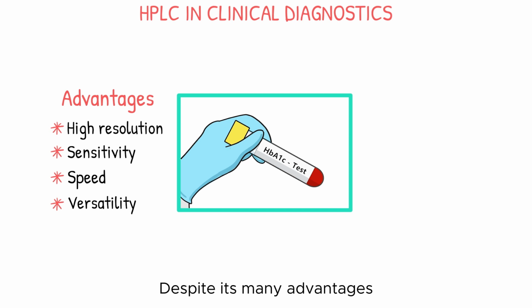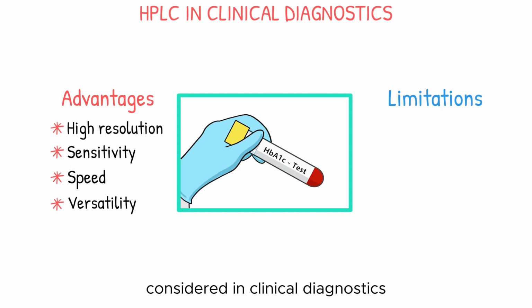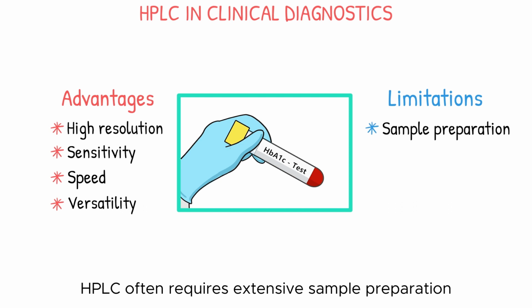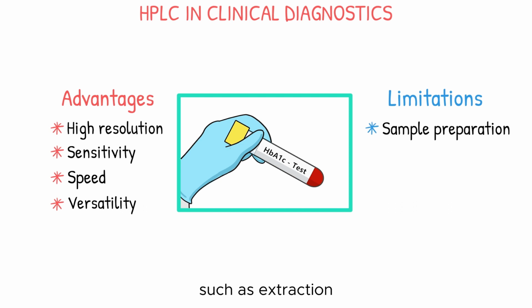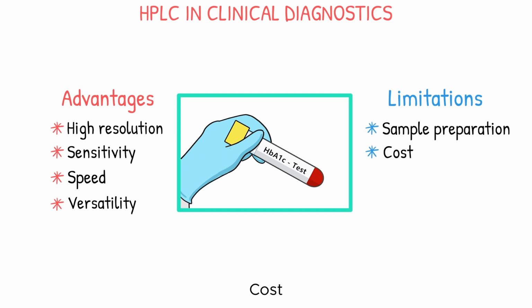Despite its many advantages, HPLC does have some limitations that need to be considered in clinical diagnostics. Sample preparation. HPLC often requires extensive sample preparation, such as extraction, concentration, or derivatization, which can be time-consuming and labor-intensive. Cost.